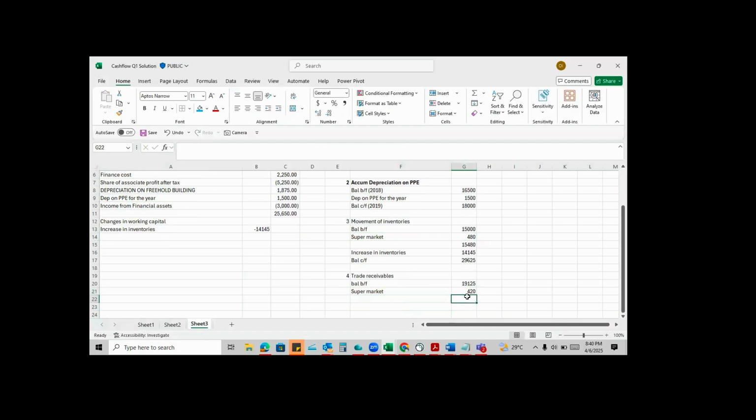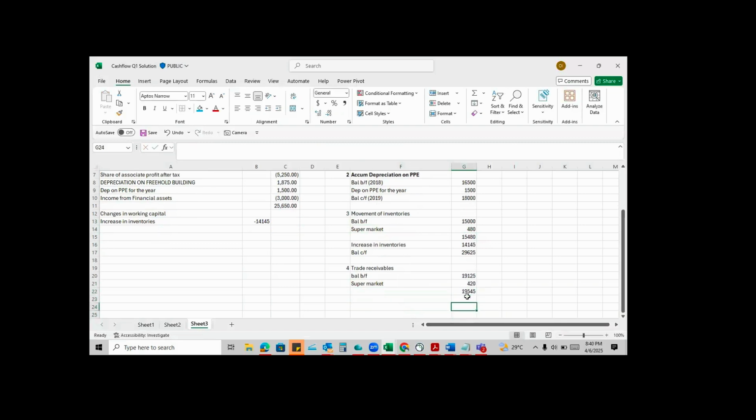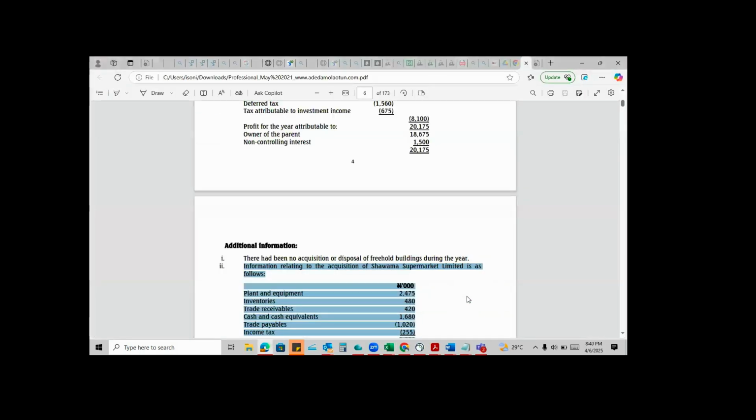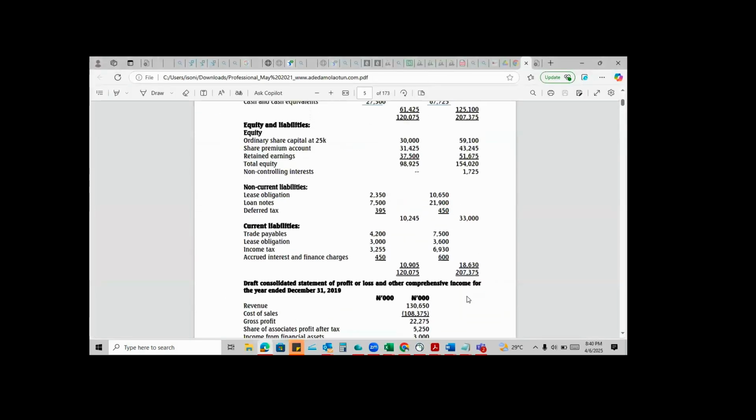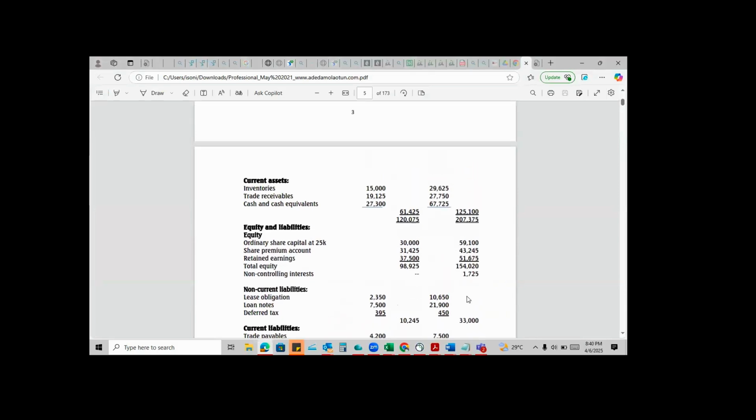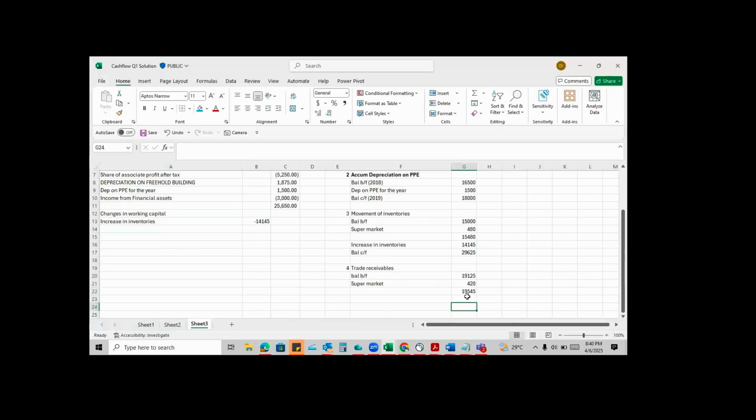And now what we should have here is 19,450. But then at the end of the day, we closed out with how much? 27,750. So we must have had an increase because this 27,750 we closed with is higher. All right. So this will be increase in trade receivables.